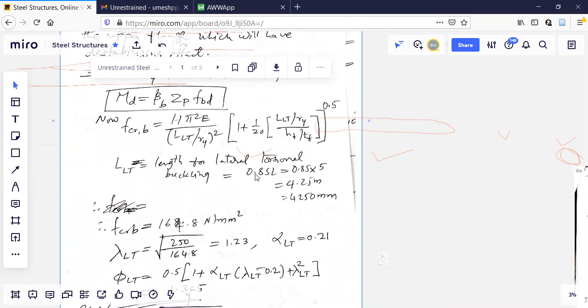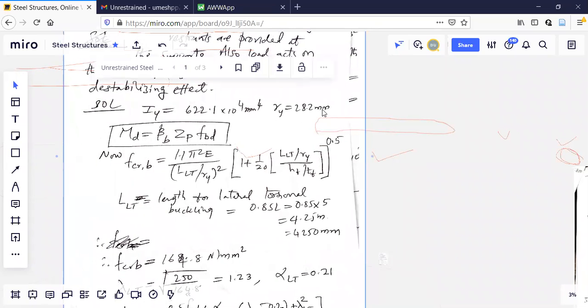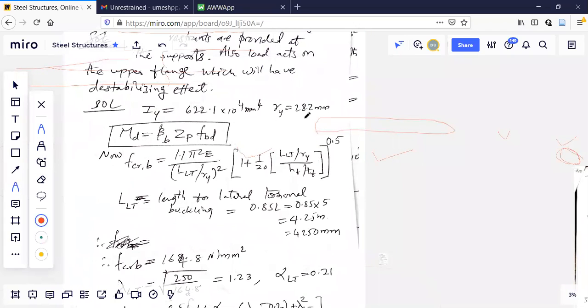You can use the calculator and you should get it. See 1.1 pi square E, 2 into 10 raised to 5, L_LT by r_y. L_LT is 4250. You can see r_y is here 28.2.